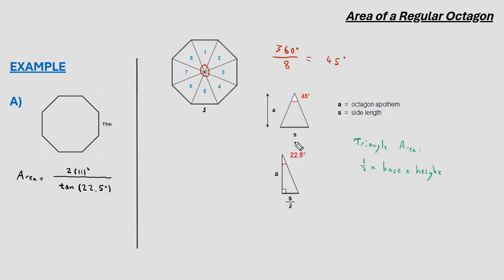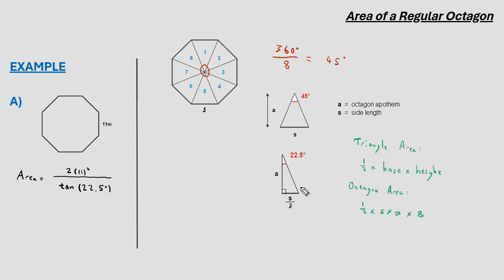And as 8 of these triangles make up the area of a regular octagon, octagon area would be half multiplied by the base, which is a side length, multiplied by the height, which is A, multiplied by 8. So what we want to do is obtain an expression for A.